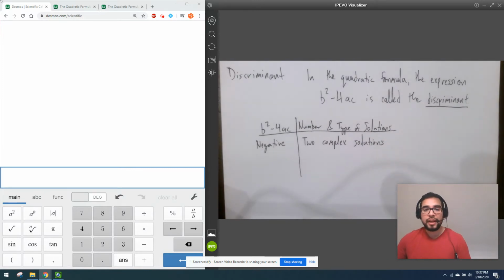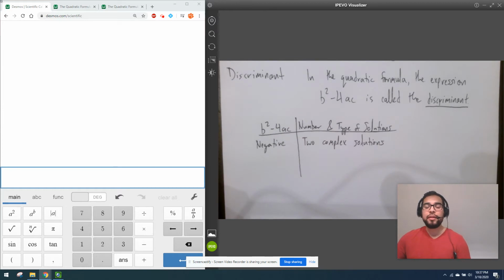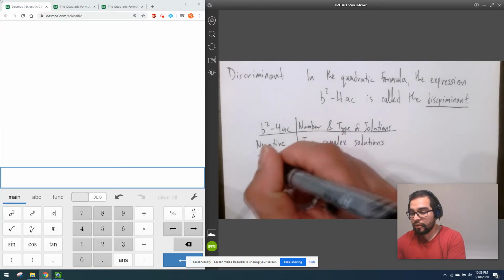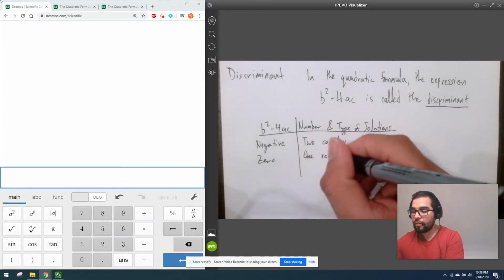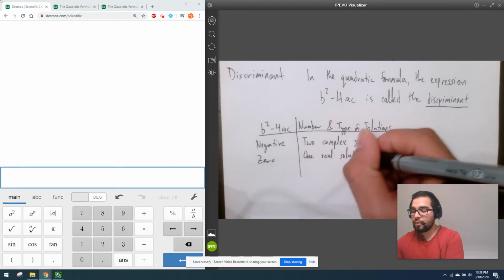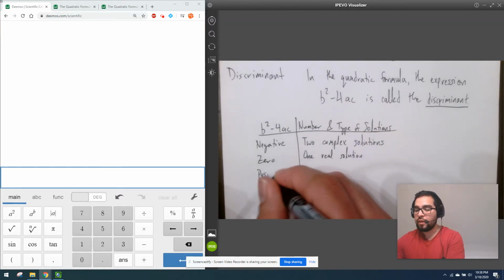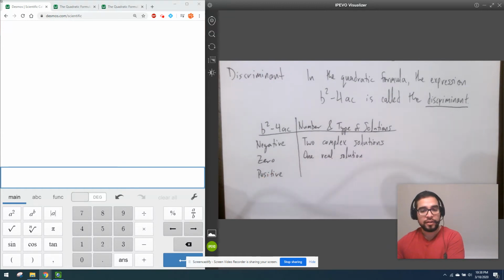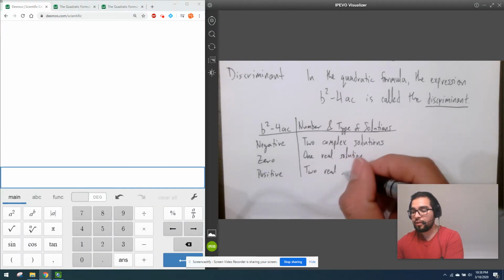So if my discriminant is negative, after I calculate it, I can determine that I have two complex solutions. If the discriminant is equal to 0, then we have one real solution. And finally, if it's greater than 0, then we have two real solutions.